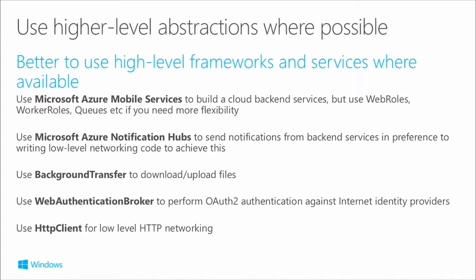And Azure Notification Hubs makes it really easy to send notifications from backend services to multi-vendor clients, so not only our clients, but also iOS and Android devices and web clients as well. It makes it really, really easy. So use these services. And the background transfer service for download and upload of files, which we're going to have a quick look at. Web Authentication Broker is a great component we're giving you in this release, which makes it easy to do OAuth 2 authentication against internet social networks.